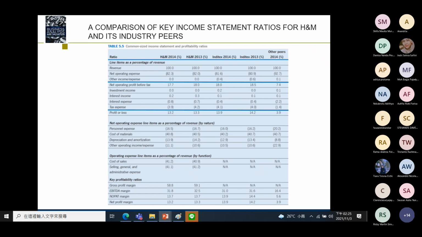This observation signals HMN management was not able to cut back sufficiently on its sales capacity following the drop in consumer demand.